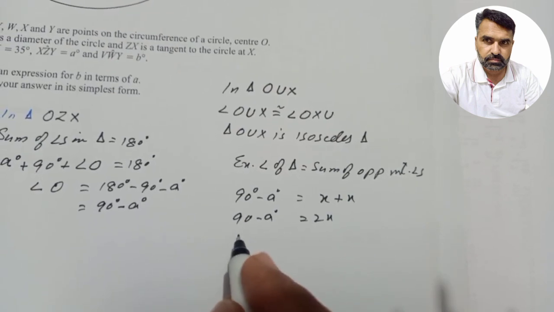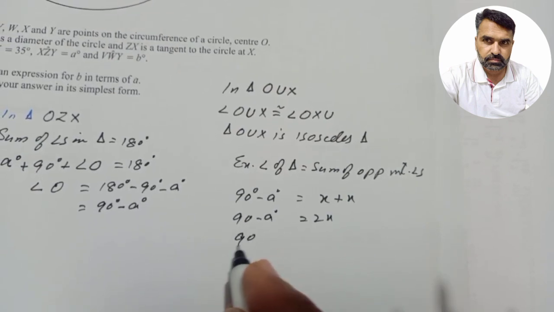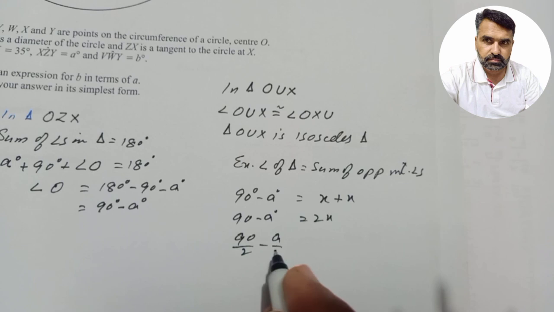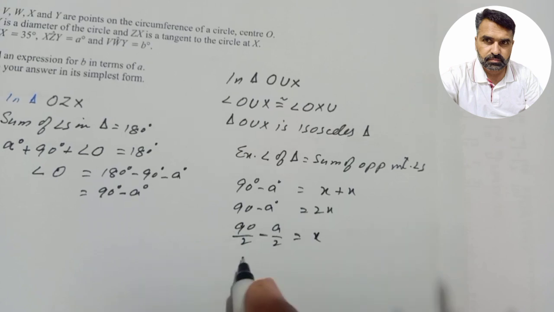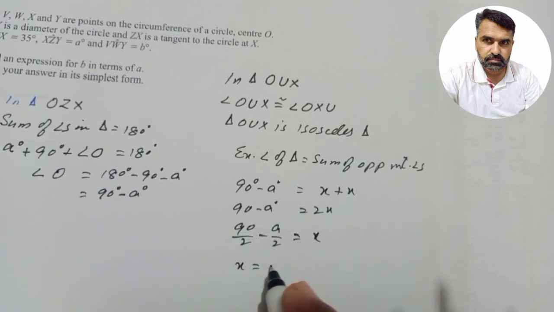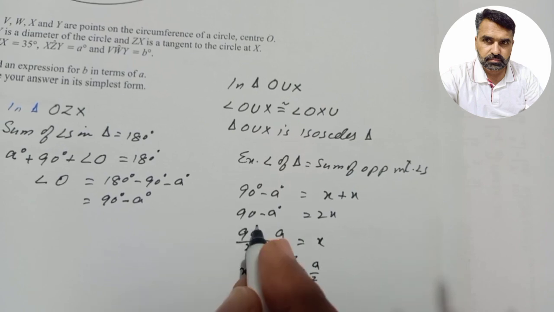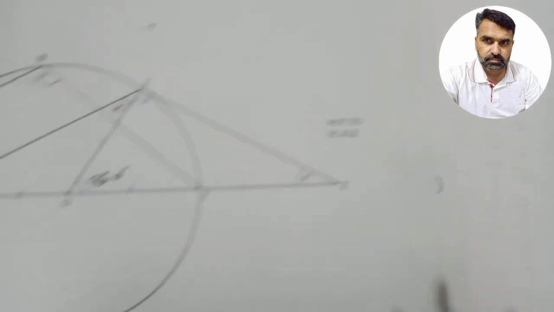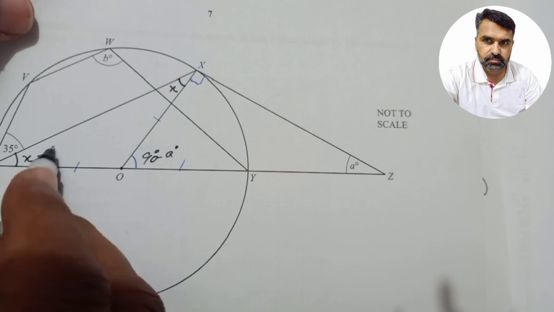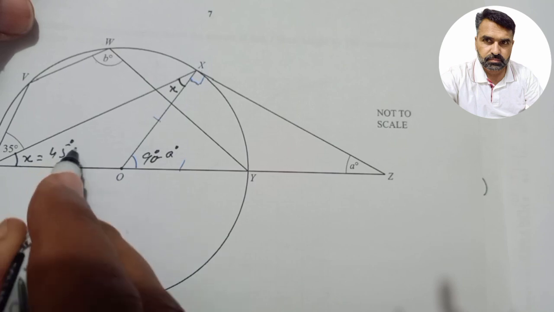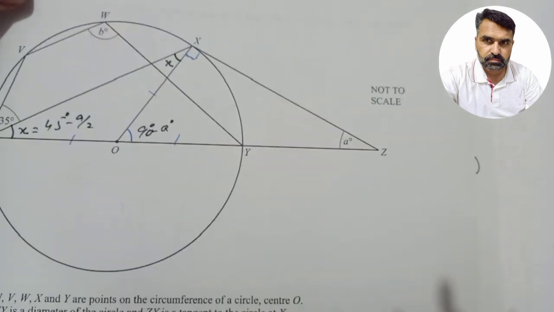When we transfer it to the other side, it will divide, and 90 over 2 minus A over 2 is equal to X, and the value of X will become 45 degrees minus A by 2 degrees. So the value of this angle is, students, 45 degrees minus A by 2 degrees.